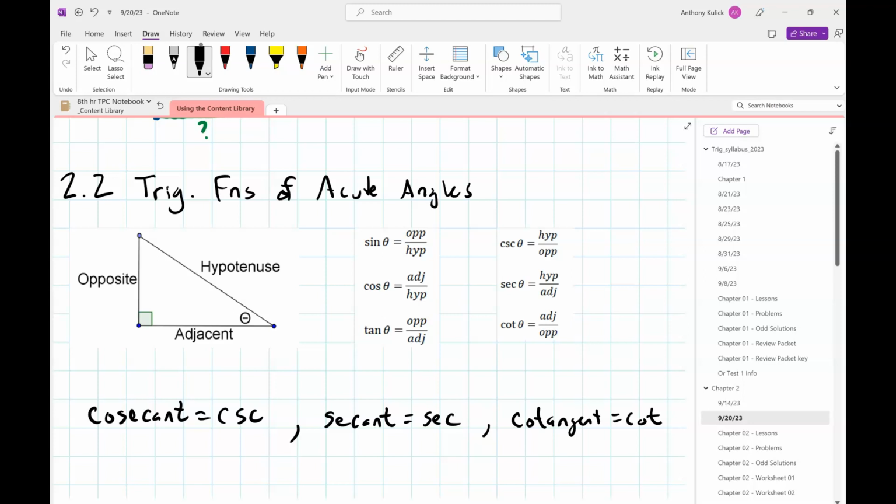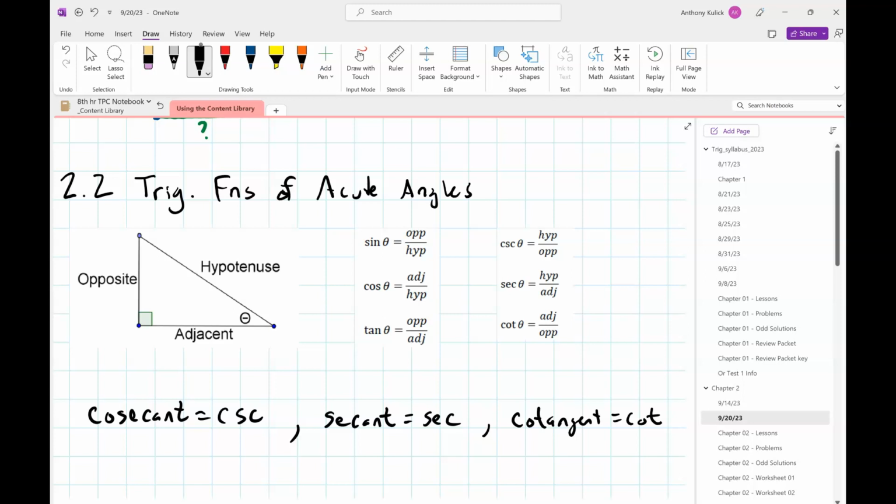So rather than memorizing a new set of trig functions, I'm just going to remember that sine and cosecant go together, and they're just reciprocals. So if sine is opposite over hypotenuse, cosecant is its reciprocal, hypotenuse over opposite. Similarly with cosine and secant, and tangent and cotangent.